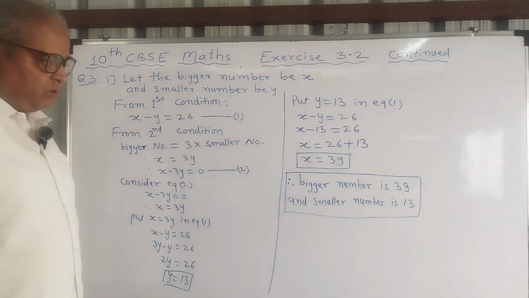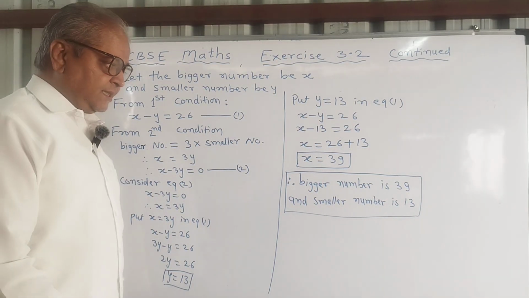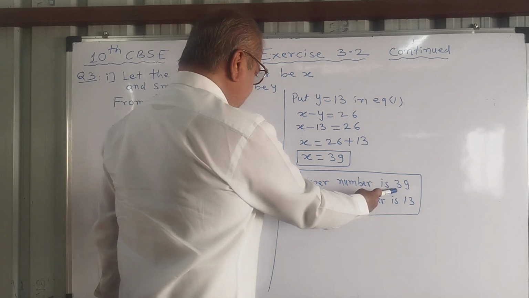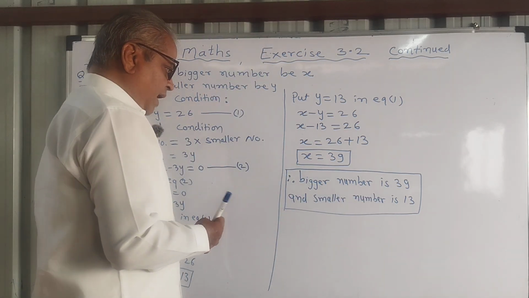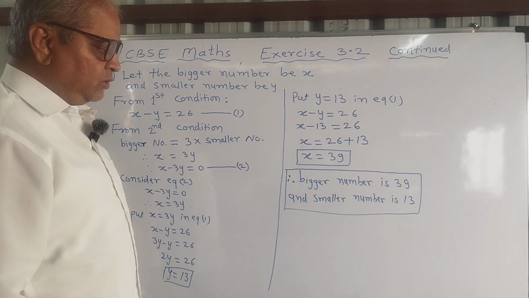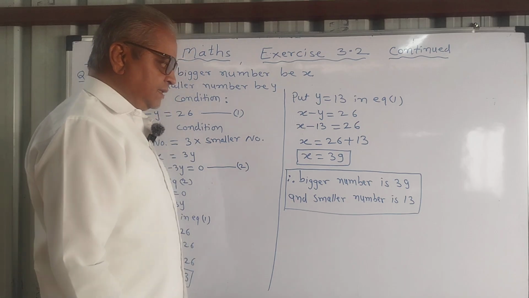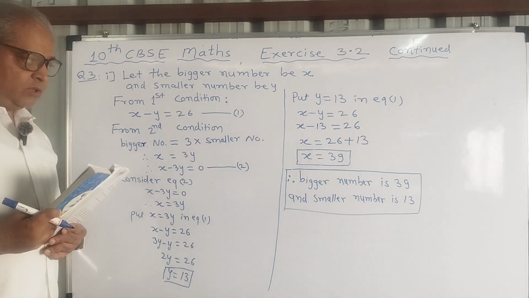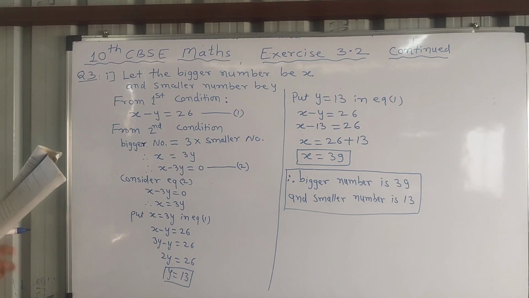So x is equals to 39. What is x? X is nothing but bigger number. So bigger number is 39 and smaller number is y, that is 13. So final answer, bigger number is 39 and smaller number is 13. So this is how we need to solve word problem by substitution method.